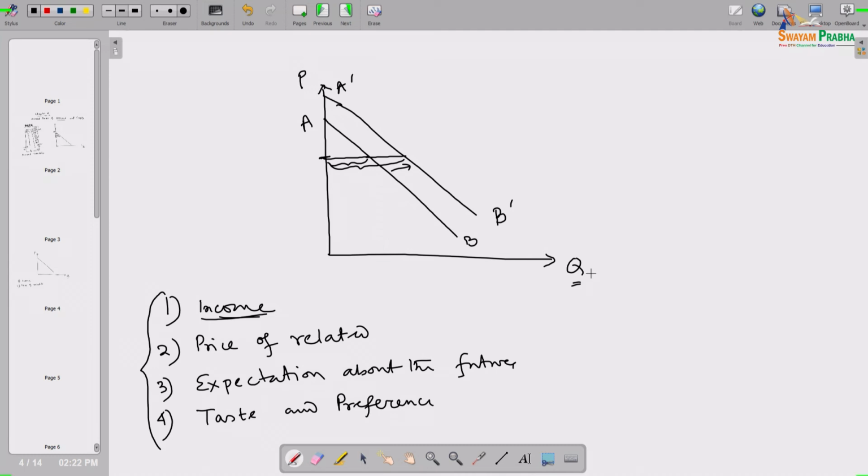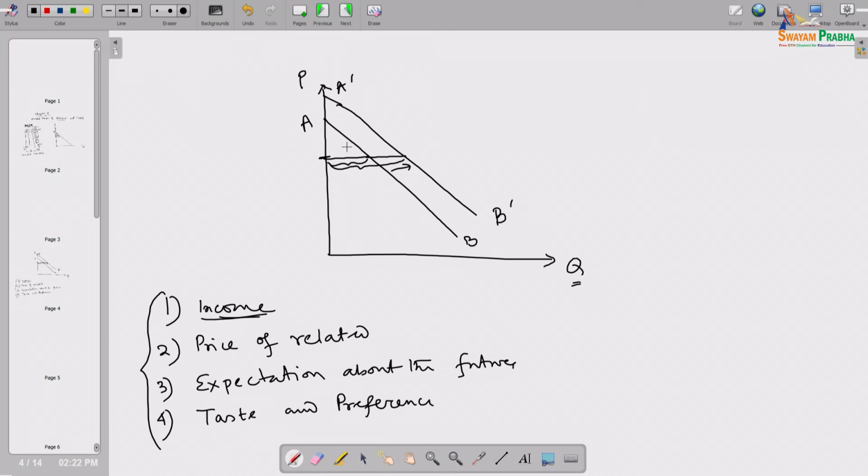In this case, quantity demanded on the horizontal axis and price of that commodity on the vertical axis. If any factor other than price that influences quantity demanded changes, your demand curve will shift its position from one position to another, like from AB to A prime B prime.